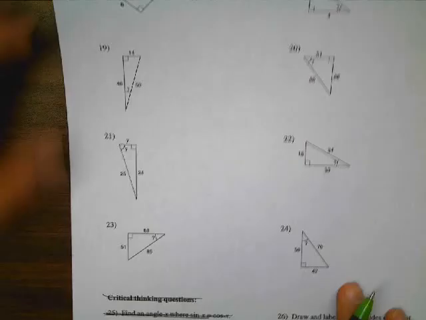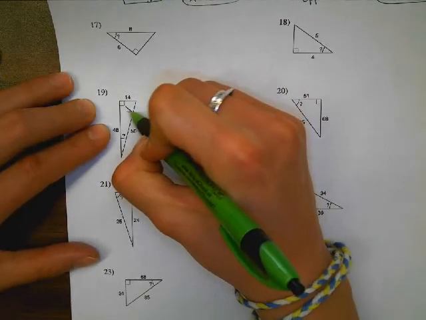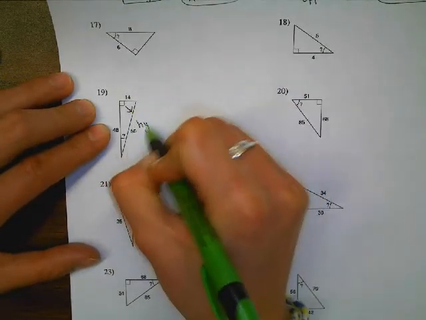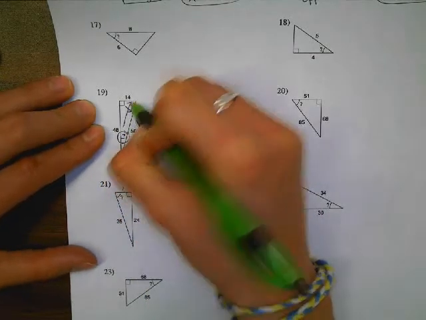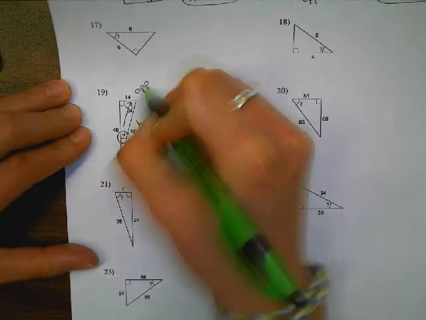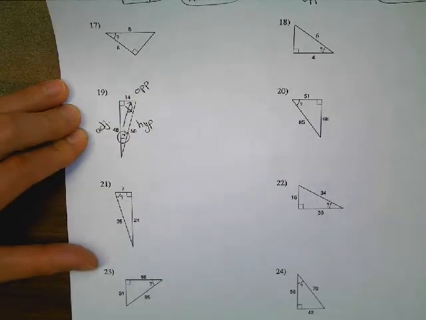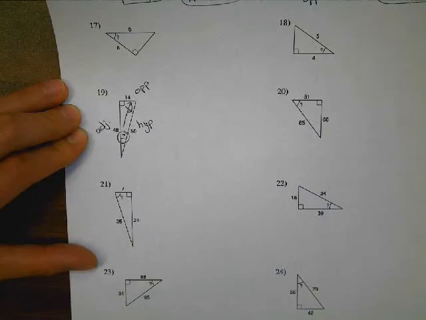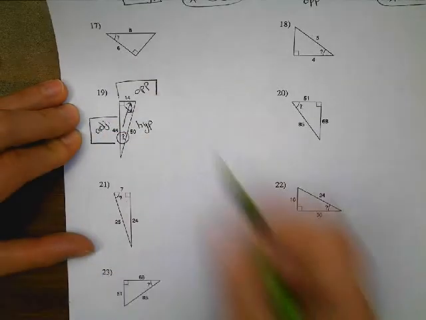We'll do a couple more. If we look at number 19 here, we have to label across from our 90 is our hypotenuse. My angle is down here, so across from that is the opposite side, which means 48 is the adjacent. Now you'll notice in this triangle we have all three sides. Well, that means that I can pick whatever I want. So I'm going to pick the adjacent side and the opposite side.